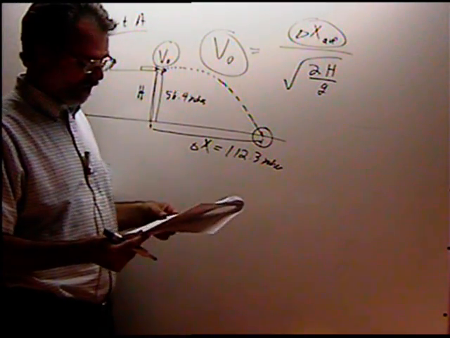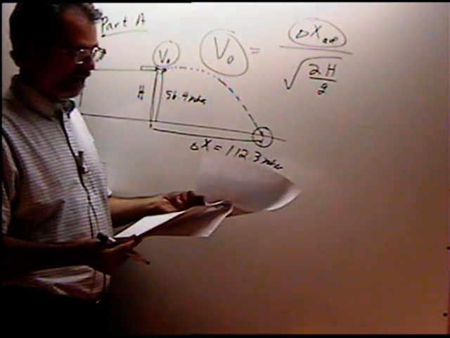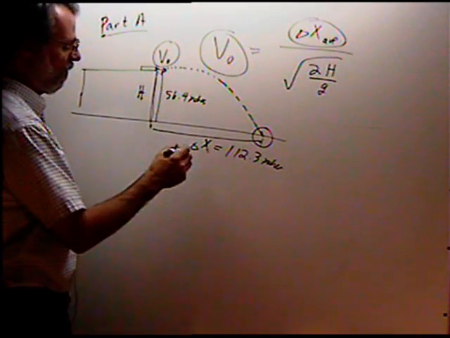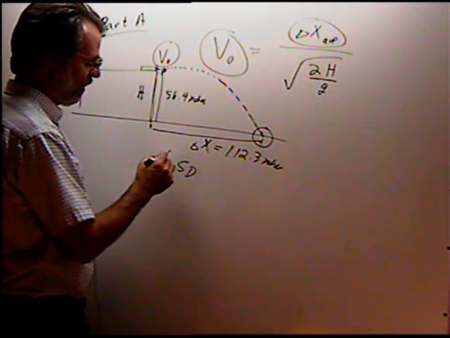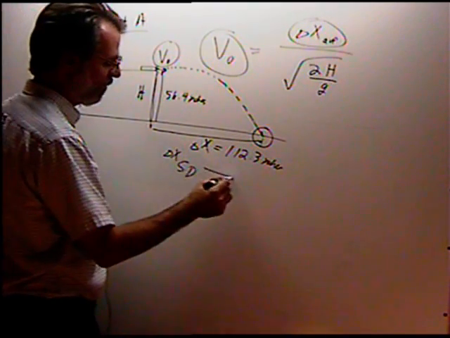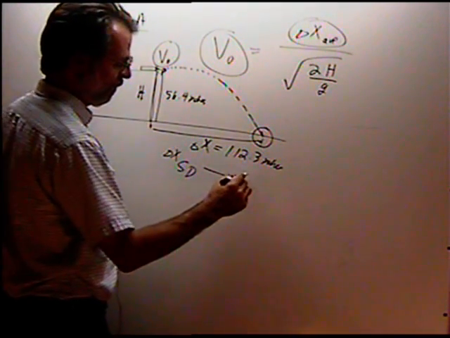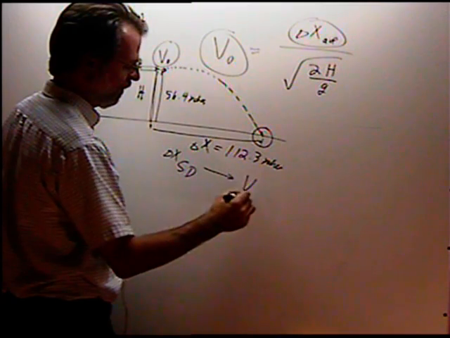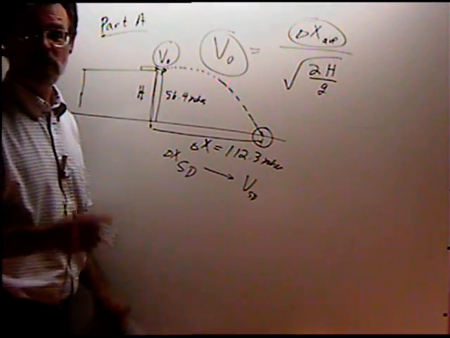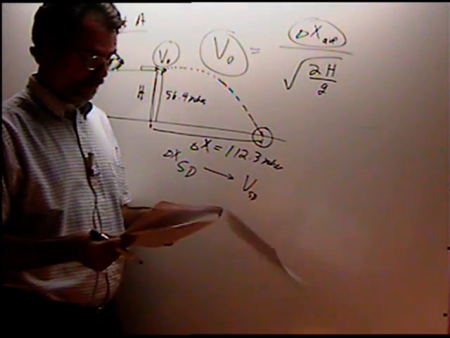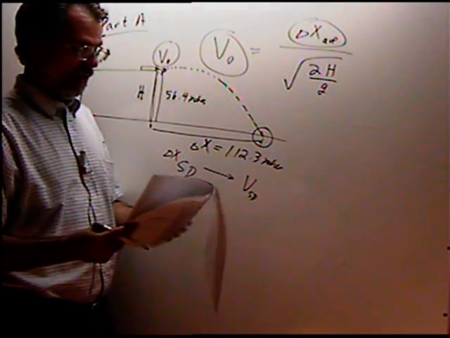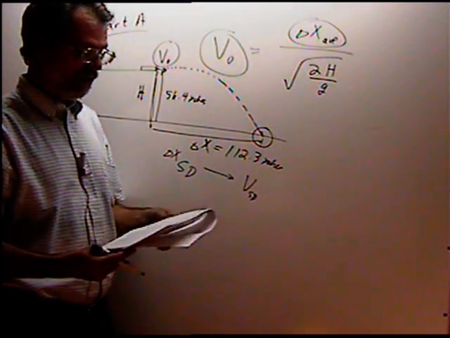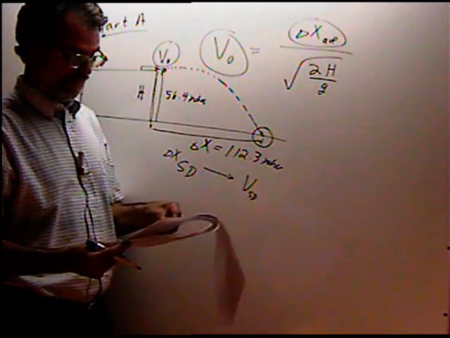And then one of the questions is, if I have a delta x standard deviation, what does that correspond to for the velocity standard deviation? There's a question about that. I want you to answer that. There are 5 questions in all on part A.